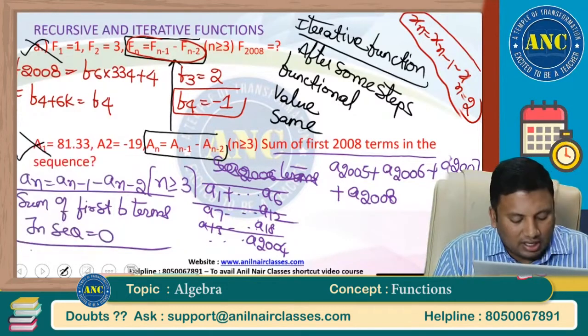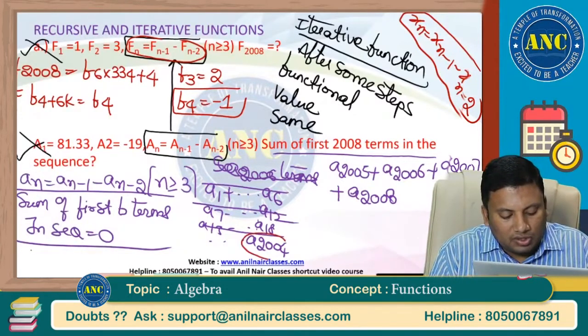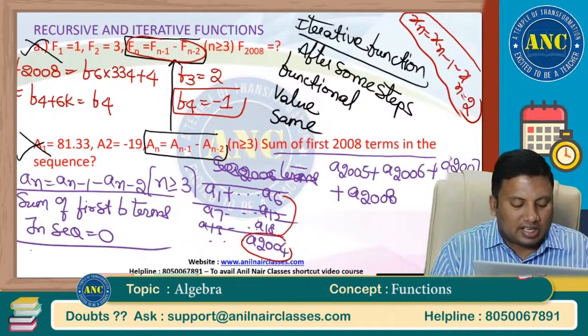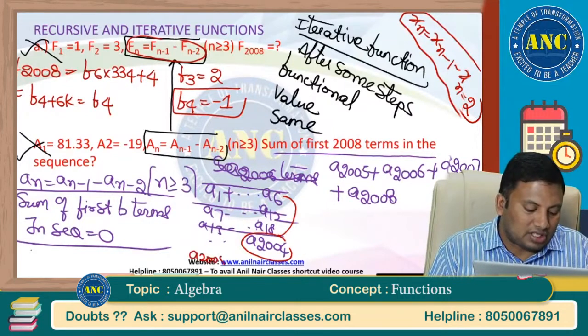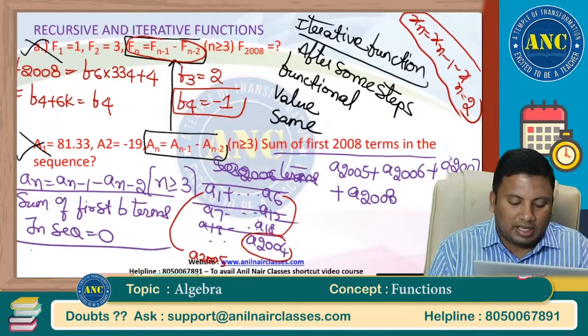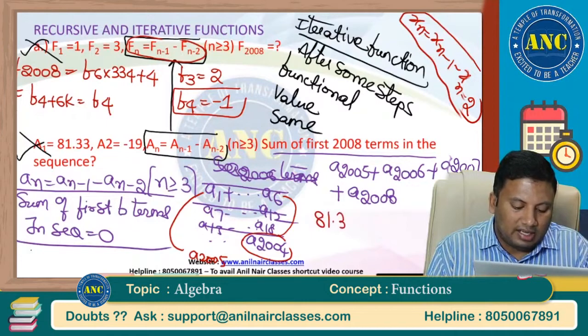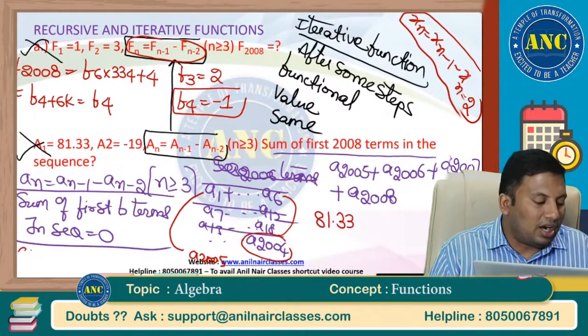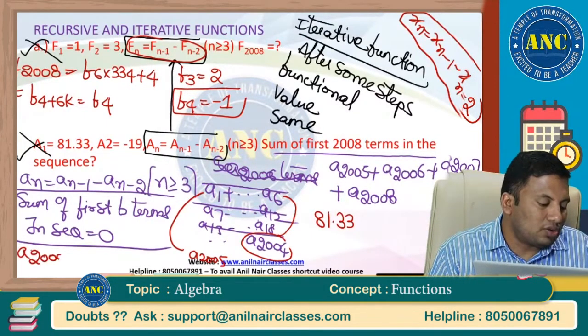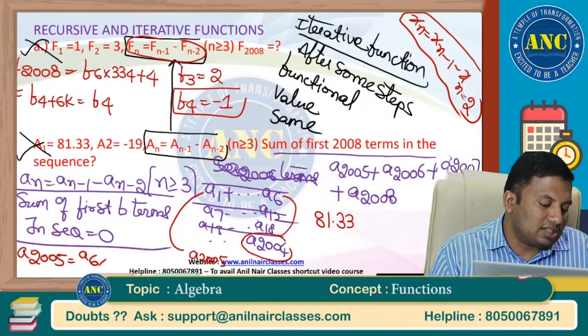Now if you see here, 2004 is nothing but a6. 2005, the first element, is nothing but a1, which is 81.33, or you can write 2005 as a6 into 334 plus 1.